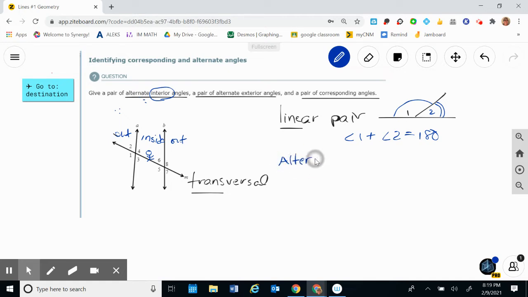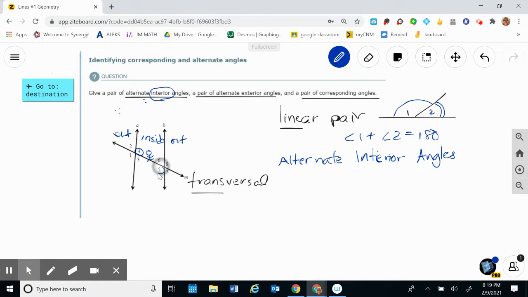Alternate interior. For your notes, you could just copy down a graphic that you find on the internet. You just have to put in the name of one of these angles and all of them will come up. Alternate interior angles. Let me tell you which ones are alternate interior, because we have to be on the inside.